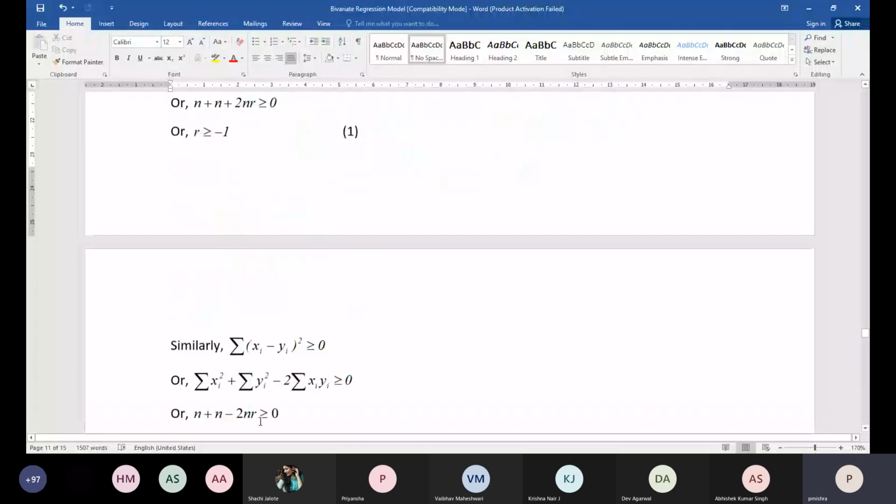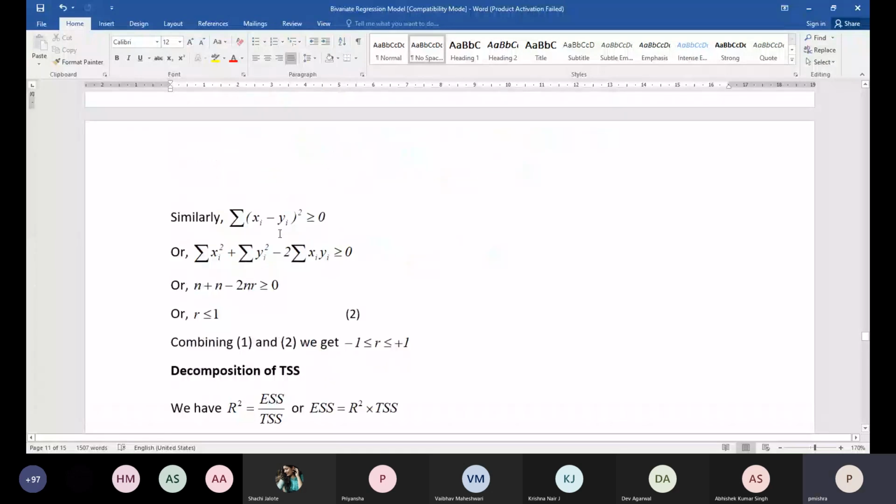In the same way, we can write by introducing a negative sign, that is small xi minus small yi whole square summation. This is also greater than equal to 0, and in the same process we get r is less than equal to 1, and combining these two we can get r lying between -1 and +1.